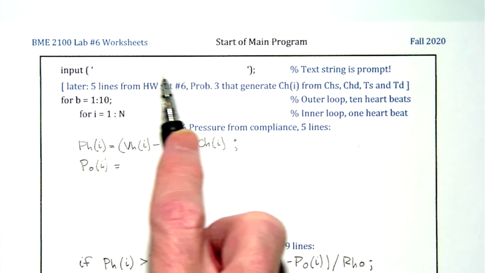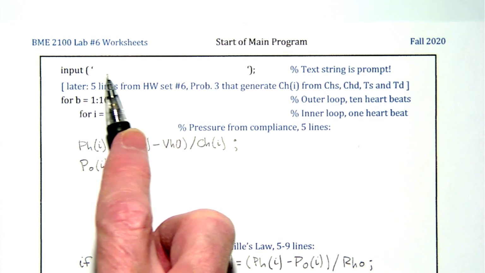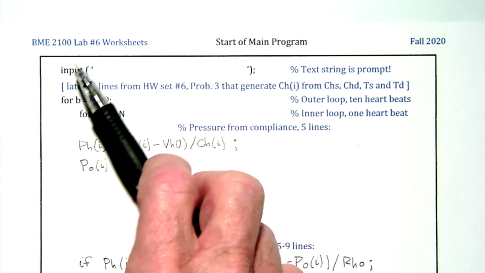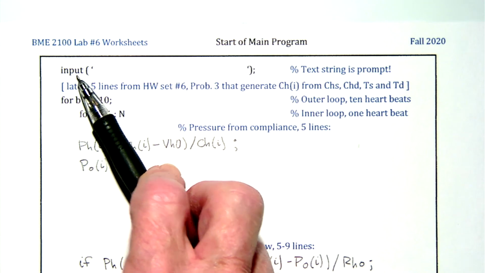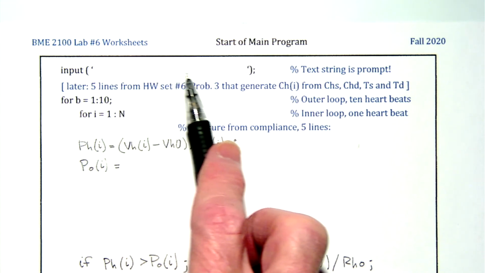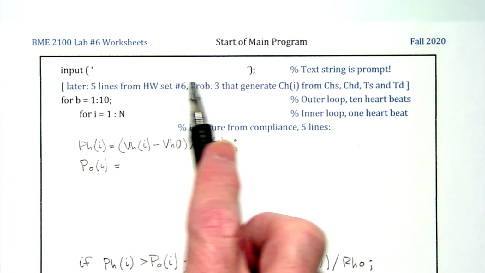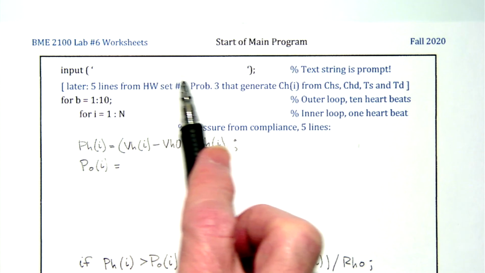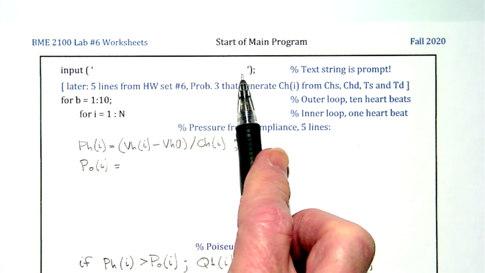What's inside these single quotes is not executed by MATLAB. It is simply displayed because MATLAB stops at this point and waits for you to type in on the keyboard the name of the parameter file. This is simply a prompt to remind you to do that. And I'll let you decide what kind of prompt you want to put into the parentheses there.